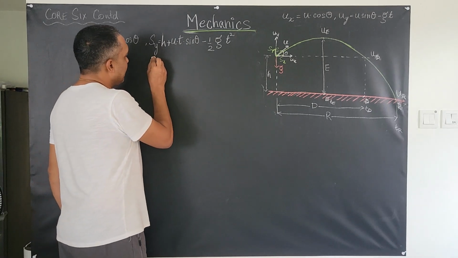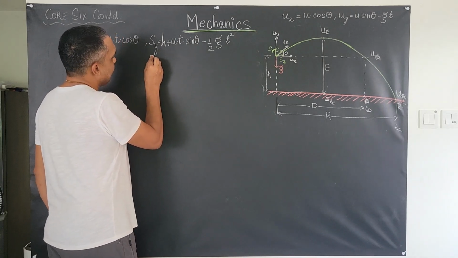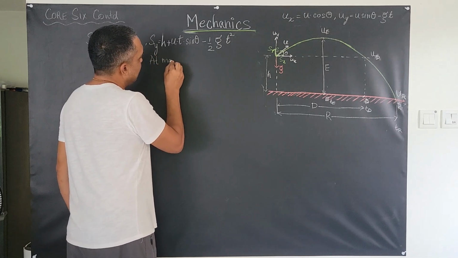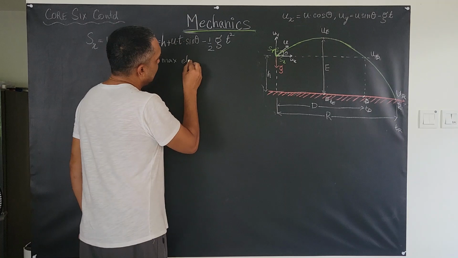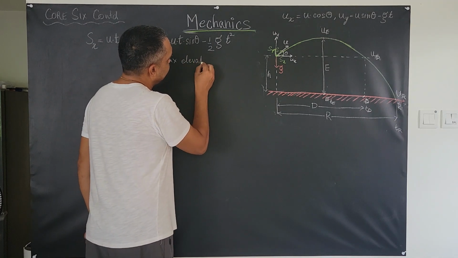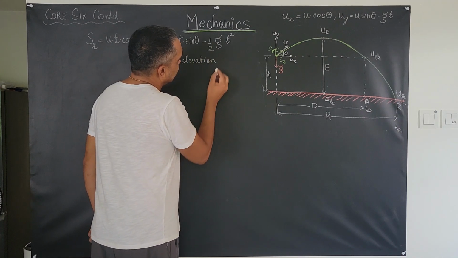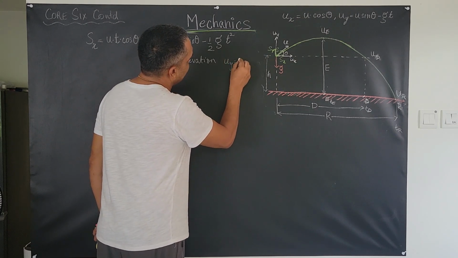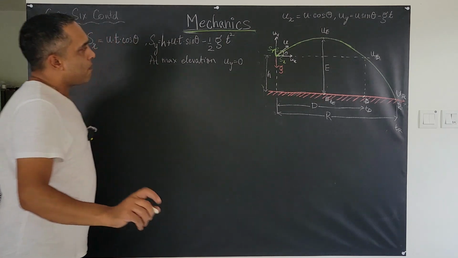Can I write here, at max elevation, u of y equal to 0? With me?